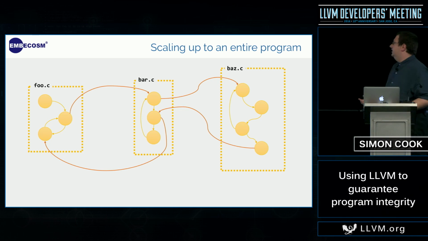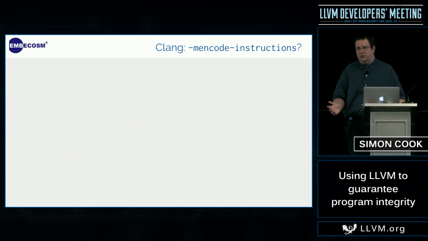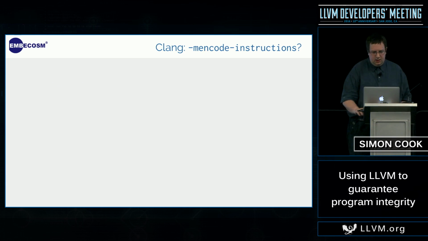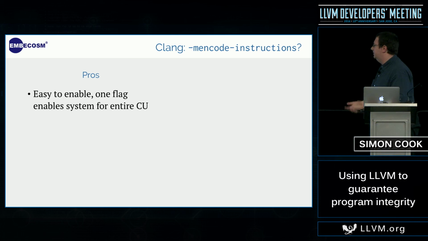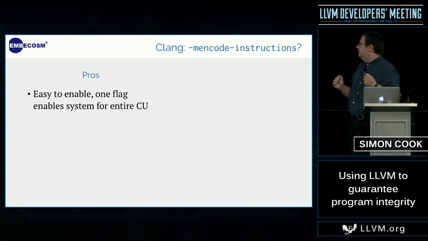The first one is to add a compilation flag. Say I add to clang -m encode instructions. Now, this works. It has the benefit that it's easy to enable. You can just add flags to a build system. That's very simple. And it enables this for every function in your compilation unit.